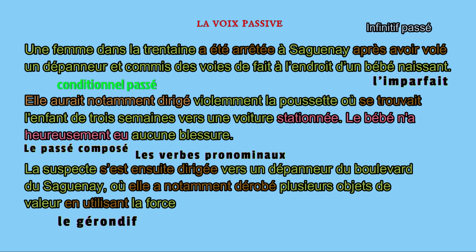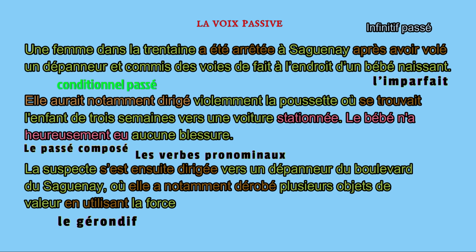So we know that when we use the passé composé, we have to use auxiliary avoir, and in this case it will be auxiliary a because it's third person singular. Then we have to use été and the verb arrêter in the past participle, and since it is feminine, we have to add an additional e. A été arrêtée. If it was a man, it would be just a été arrêté, with only one e at the end. So this is la voix passive.